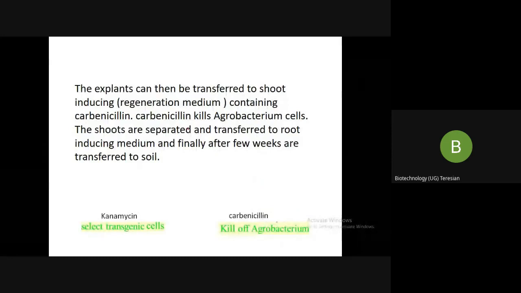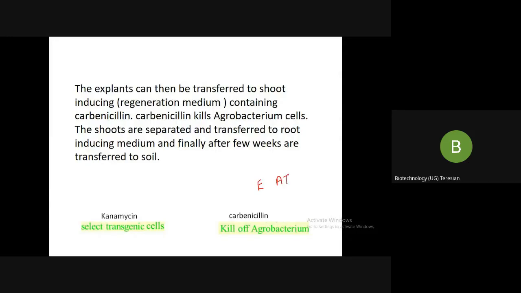Sometimes what they do is, the explants can be transferred into shoot-inducing media, as I told you, containing carbenicillin. So carbenicillin is another antibiotic which will kill off your agrobacterium. What it means is, you have your explant and you have your agrobacterium. What type of agrobacterium?